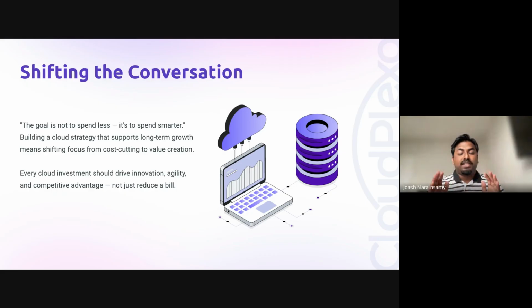Regular reviews, data-driven decisions, and removing unnecessary resources ensure every technology investment delivers measurable business value. Cloud isn't expensive. Waste, complexity, poor visibility, and missed opportunities are. The goal isn't to simply spend less, but to spend better, ensuring cloud investments support innovation, security, customer experience, and long-term business growth.